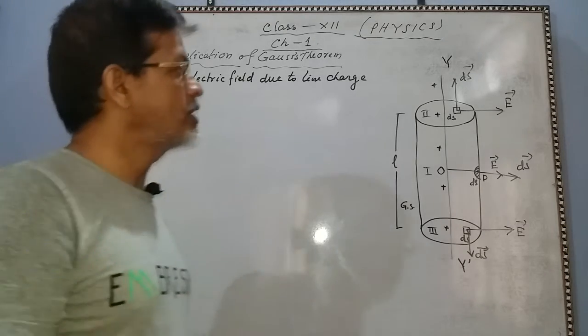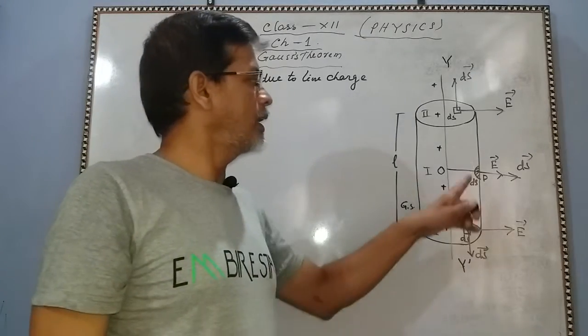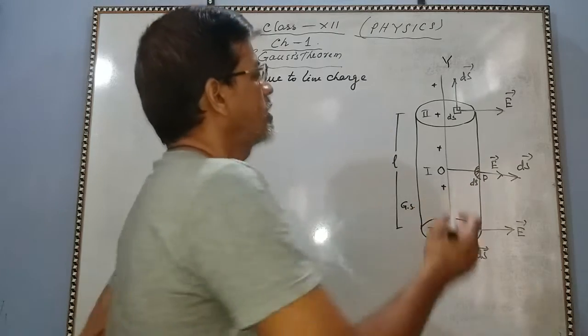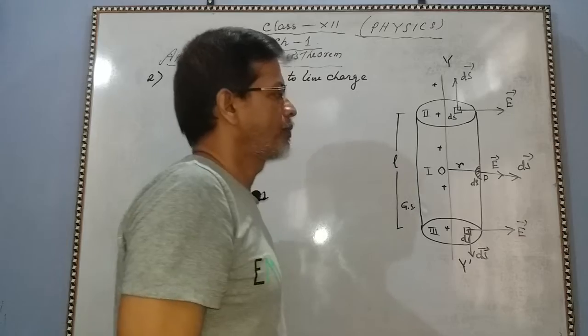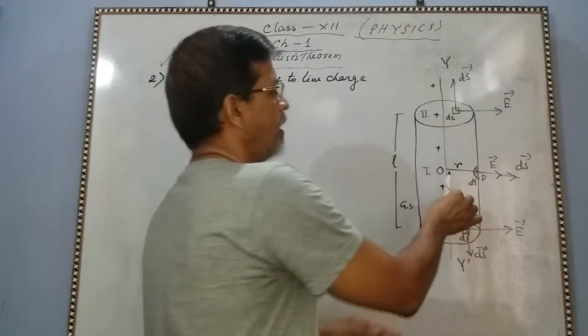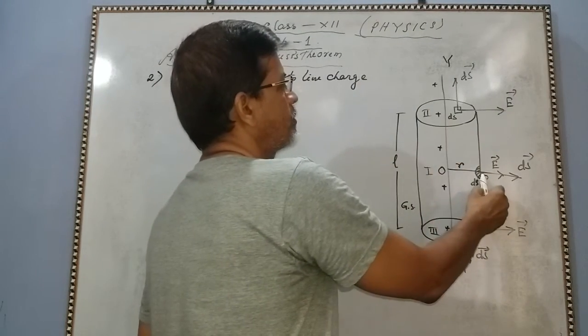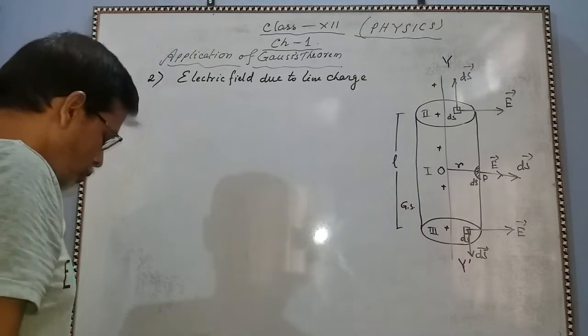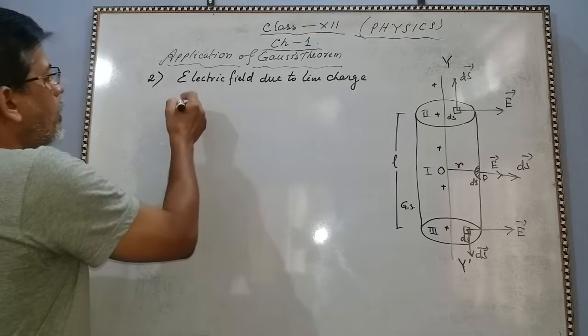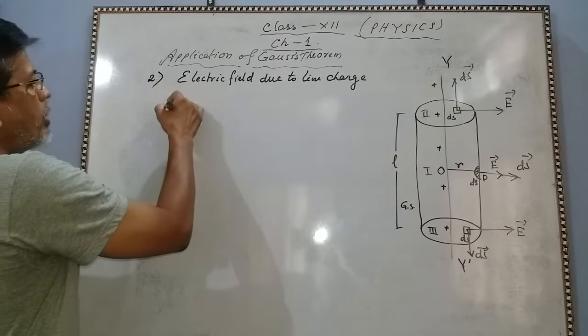So our aim is to find the electric field at point P. So this distance is r. This is the line charge, and due to this line charge, what is the electric field at point P? According to Gauss theorem, what we will get?